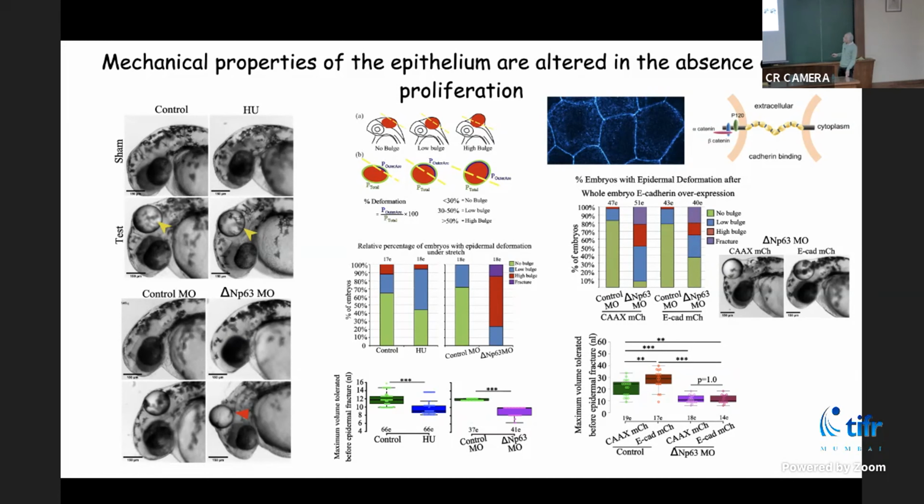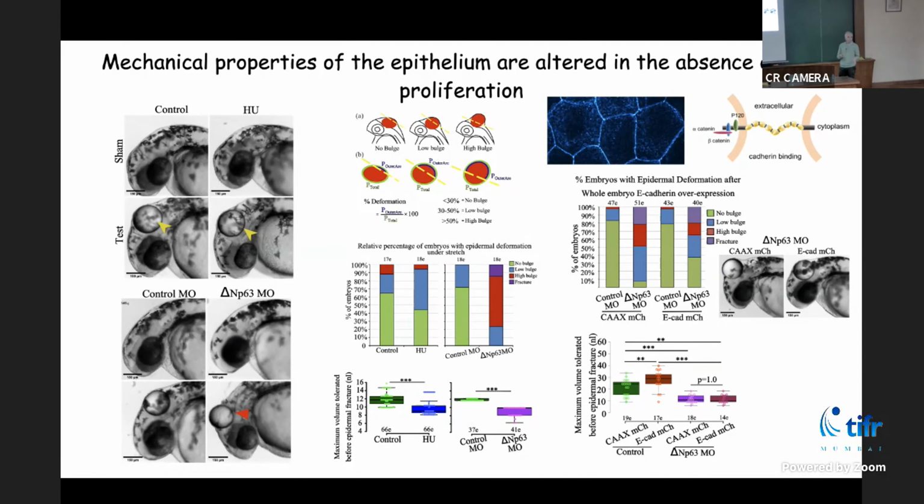While here we were not sure what was going on, eventually we figured out that this particular knockdown also results in an effect on the cell-to-cell adhesions, which is mediated by a protein called cadherin. So these are the proteins which basically connect the two cells together. And we noticed that in this particular condition, the amount of this protein is much less.